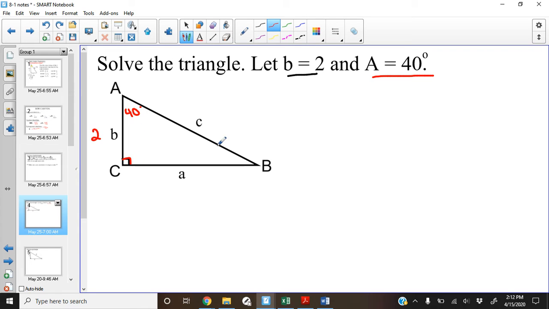Well, that means that the acute angles of the right triangle also have to make 90 degrees, since all the angles add up to 180. So we know that angle B plus 40 has to equal 90 degrees. So that means that angle B equals 50 degrees.